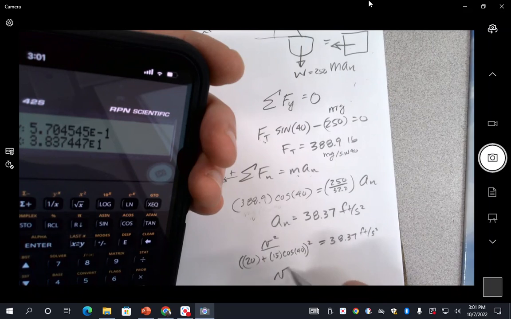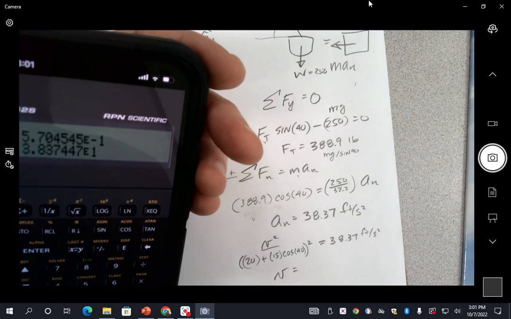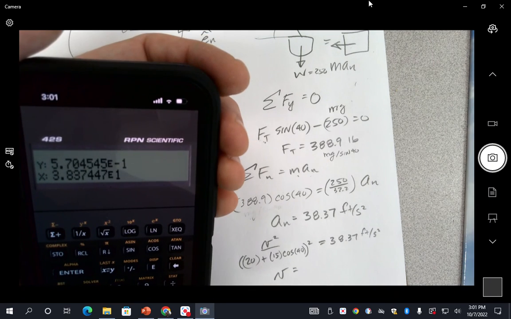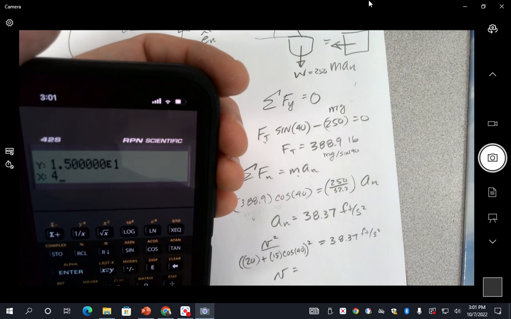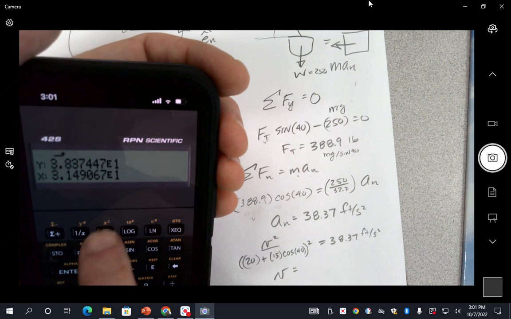And now we would be able to find what the velocity of this thing is going to be. So what I'm going to do: 20, 15, cosine, times, plus, squared.